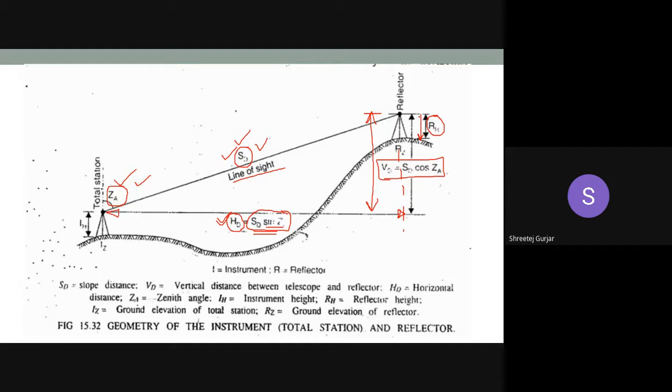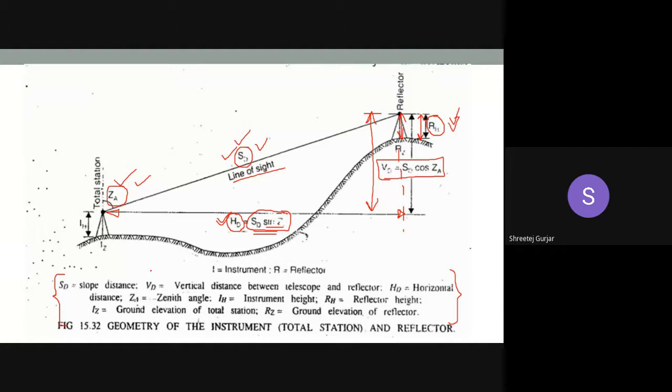If you want, it can be directly recorded from the pole, measured using your tape. So no need of any calculation for RH. Okay, so all these things are mentioned over here. You can read, whatever I have explained is mentioned over here.